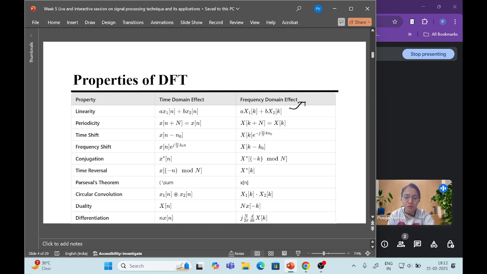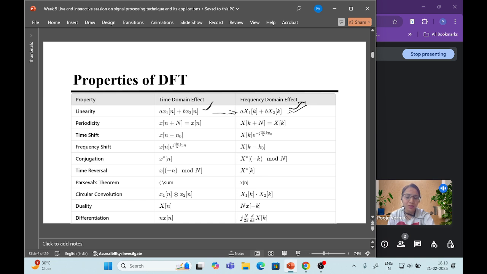If there are two signals x1 of n and x2 of n in the time domain, multiplied by some constants and added, then the corresponding frequency domain signal will be the same combination, where X1 of k is the DFT of x1 of n and X2 of k is the DFT of x2 of n. It follows additivity and homogeneity.